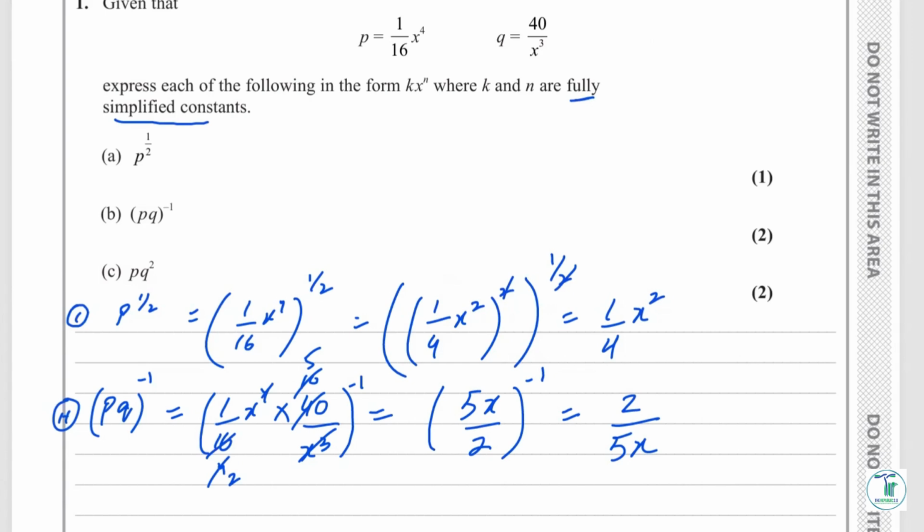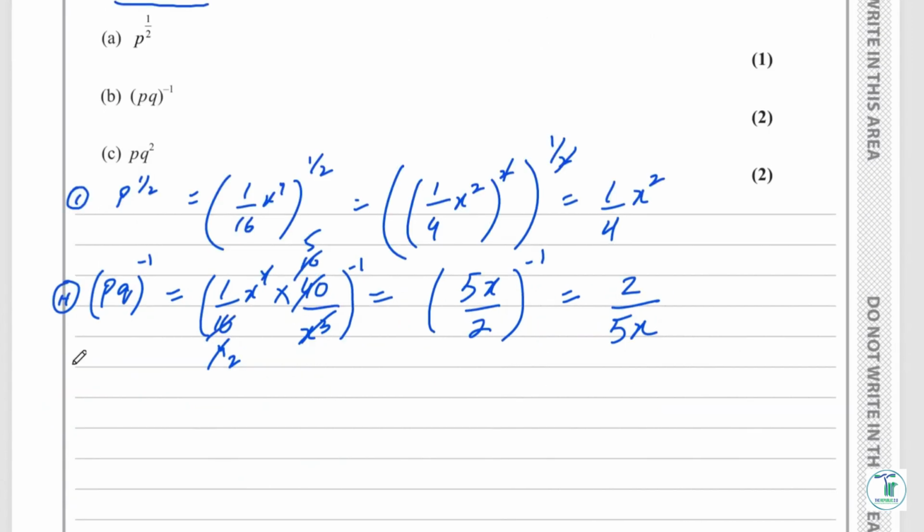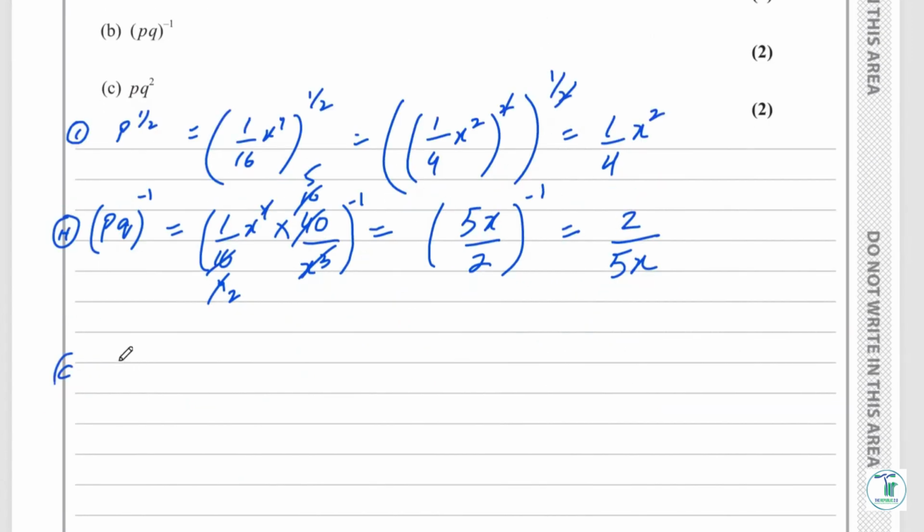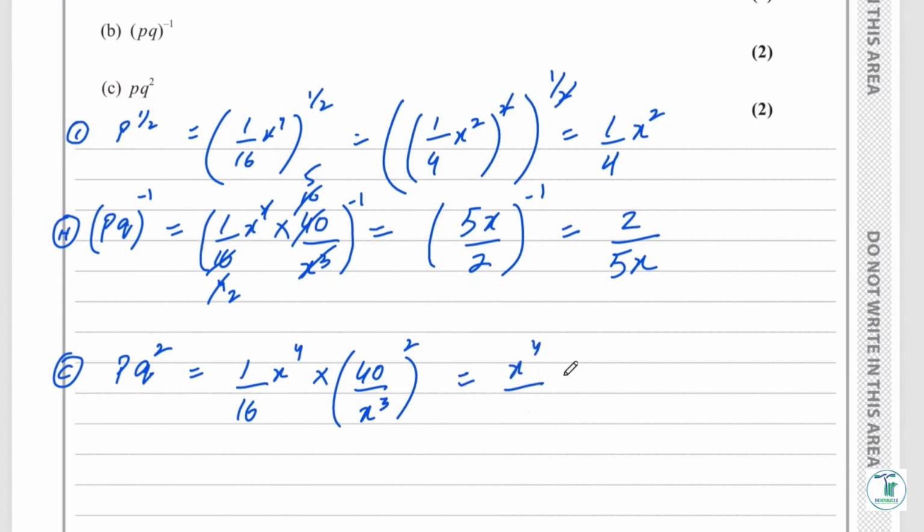Now you've got the C part, and in the C part, you need to find p times q square. So p is again 1 by 16 x to the power of 4 times q square. Q is 40 upon x cube, so 40 upon x cube squared. And now we would be having something like x4 upon 16 times the square of 40.